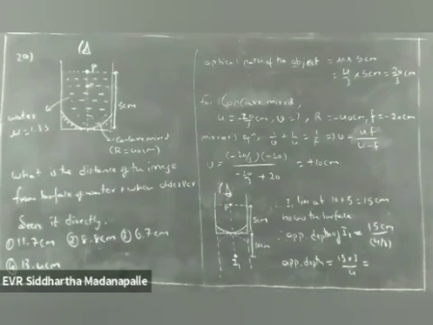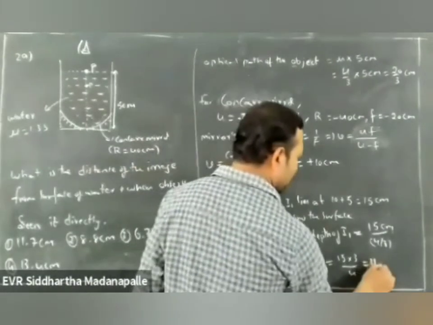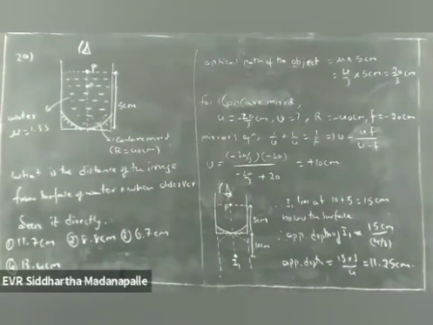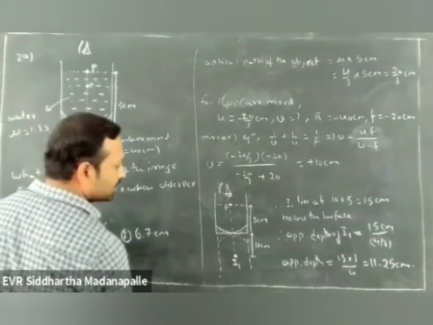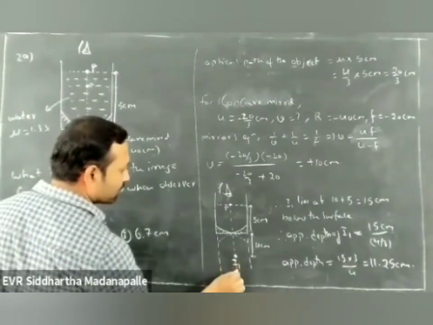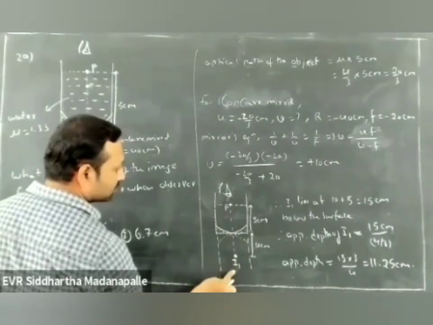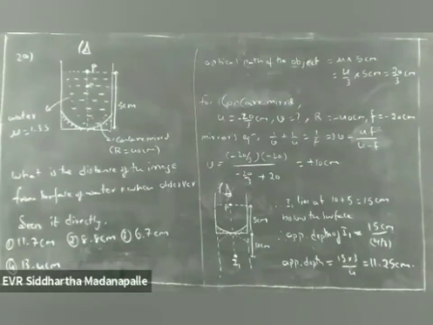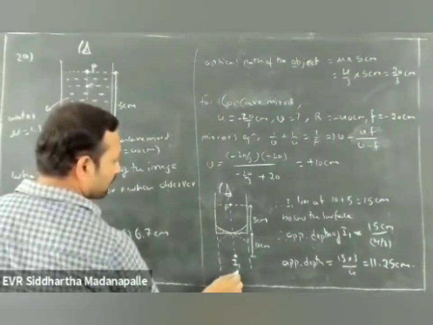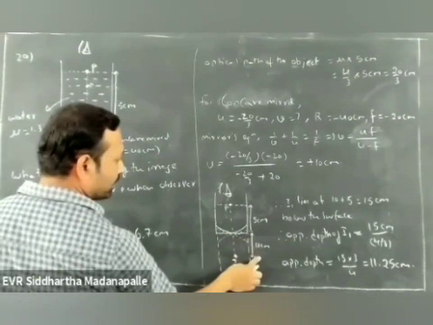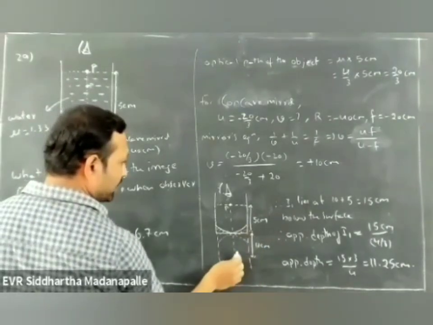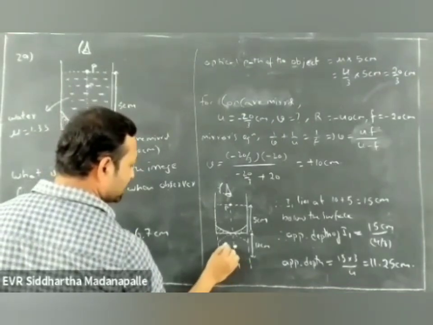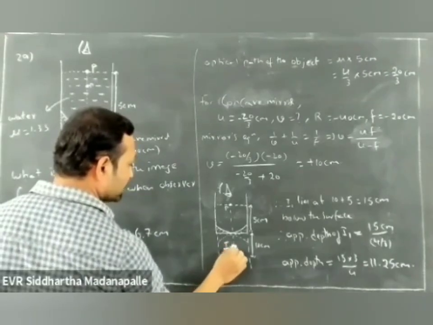It is approximately equal to 11.25 centimeter. So finally, the image is formed at a distance of 15 by 4 by 3, 11.25 centimeter, from the apparent depth. 10 plus 5, 15. This is 5 here. The final image is seen by the observer directly. This is the final image.